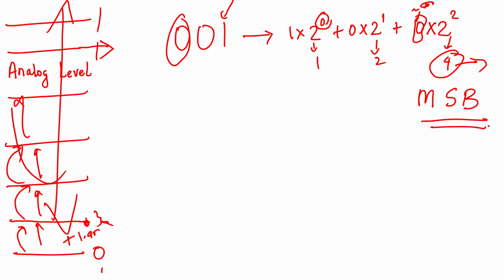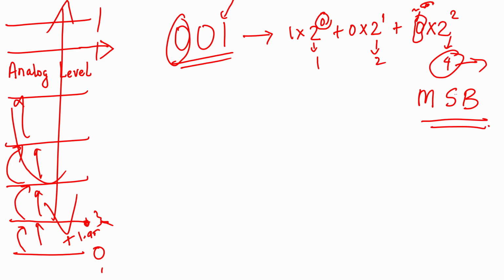What is it? This bit, the most significant bit, has the highest contribution to the analog voltage level of your digital word. It is clear to you? I will repeat it. Why is it called most significant bit?